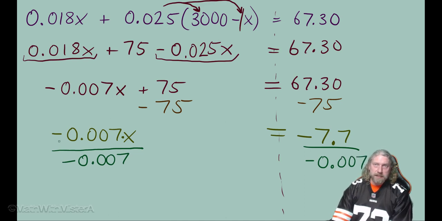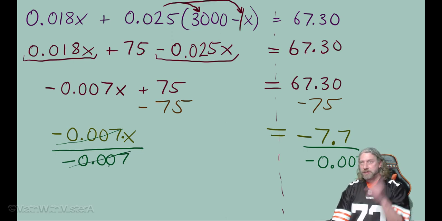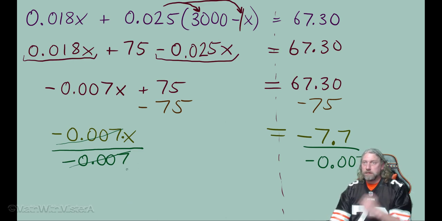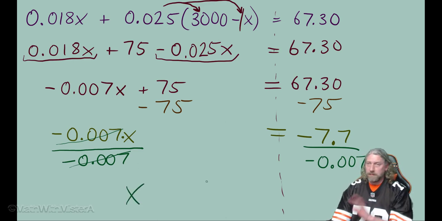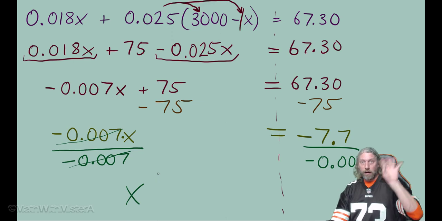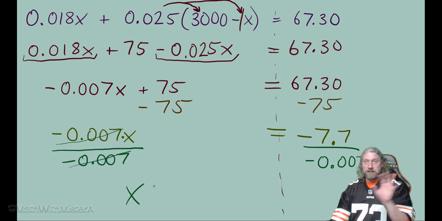So the negative 0.007 divided by negative 0.007 equals 1. So we're left with like 1x. And 1x is just x. We could write the 1x if we like it. I've got no problem with that. But we'll probably more frequently at this point just see now we're left with our unknown amount x.